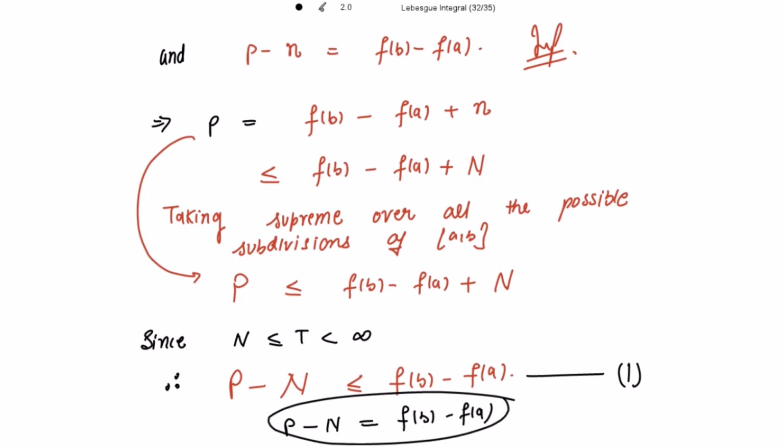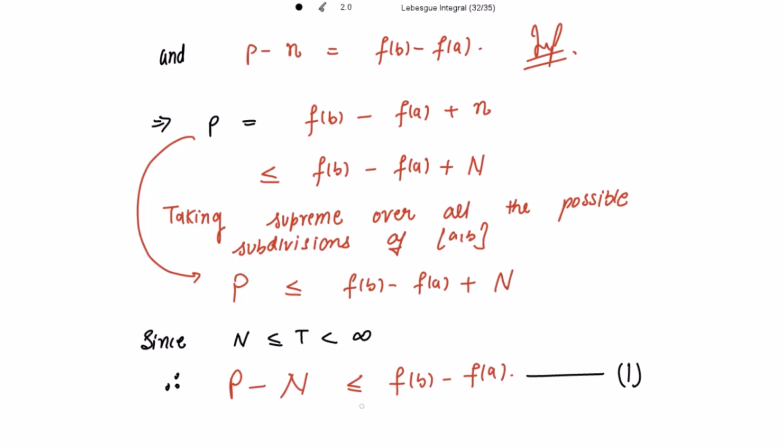To show this, I also need to prove that f(b) minus f(a) is less than or equal to capital P minus capital N. I need to show this, then only I can get this equality. So we have already marked the first inequality as 1, and now let's get the second inequality.